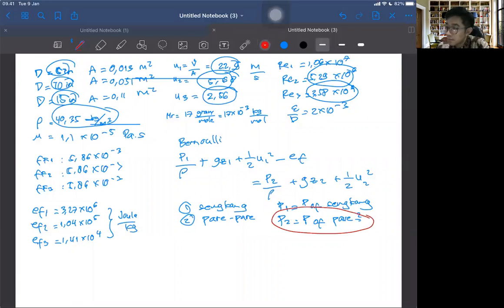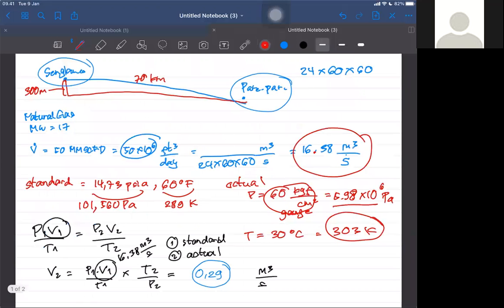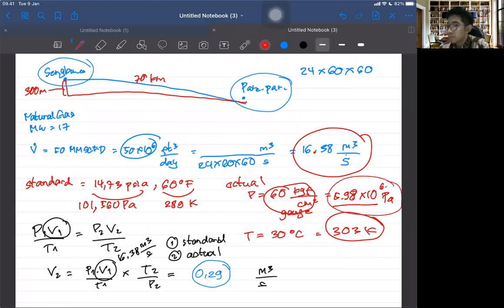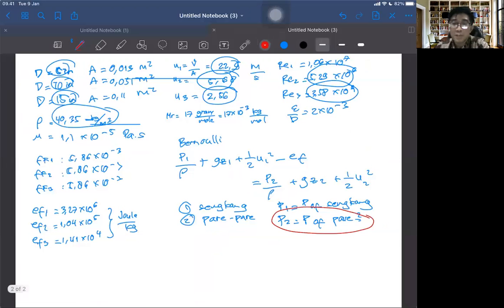Pressure of Sengkang is given, sir. The inlet. Yes. Pressure at Sengkang is 5.98 times 10 to the power of 6 Pascal. And then pressure of Parepare is the one that has been asked in the question.